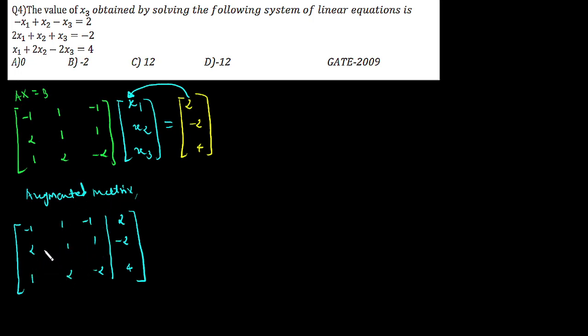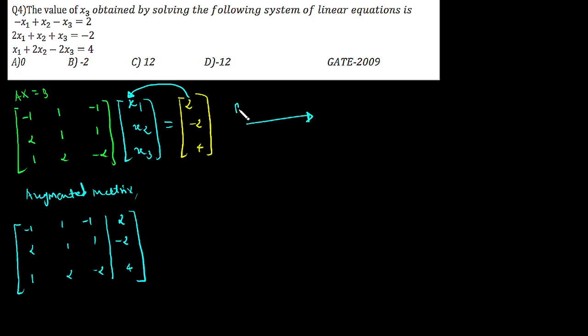Now, for finding the value of the unknown x3 we have to perform some row operations. We have to reduce this number to 0, and this number is also 0, and these two also we have to reduce to 0, to easily find all the values of the unknowns x1, x2 and x3. So let's write what we are going to do.